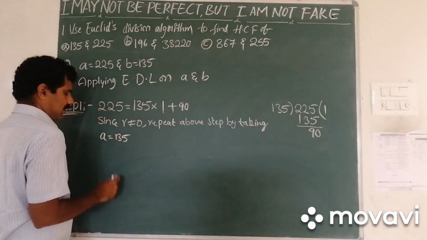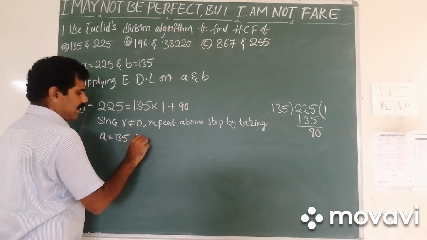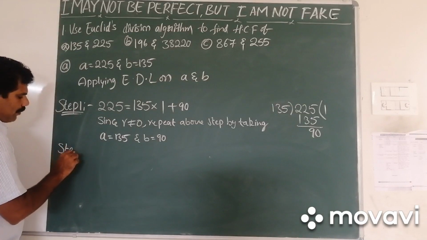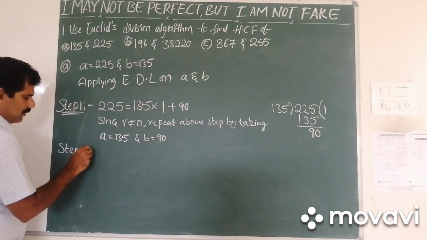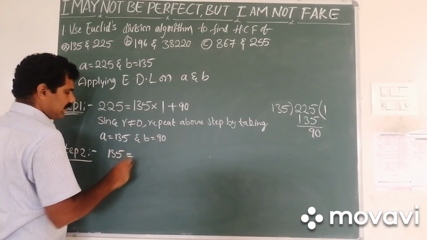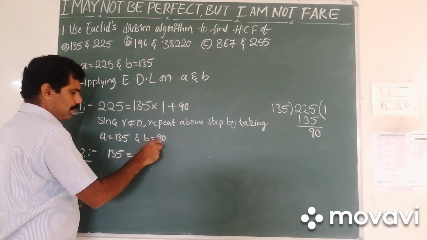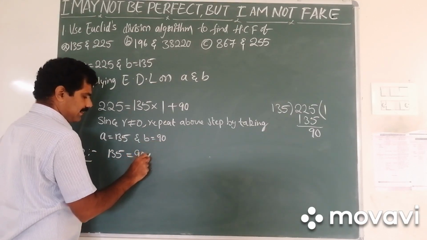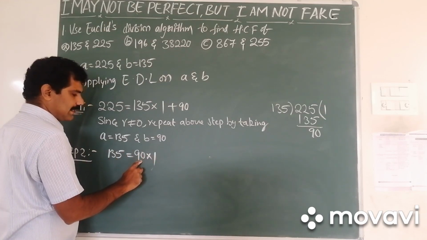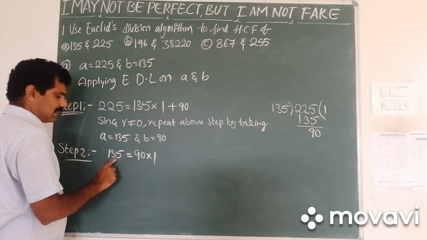So a = 135 and b = 90. In step 2, 135 = 90 into 1, because 90 ones are 90; if you go for 2, you will get 180, which is greater.